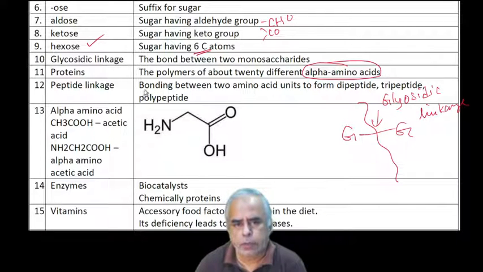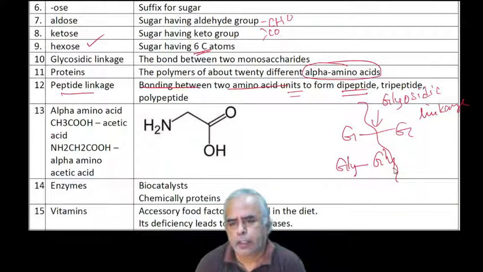So this is the one I was talking about. Like a glycosidic linkage, you have peptide linkage. That is the bonding between 2 amino acid units when they form dipeptide, for instance, glycine, glycine. Is it not so? So this unit is called what? The peptide linkage. Similarly, in tripeptides, we have got this peptide linkage.